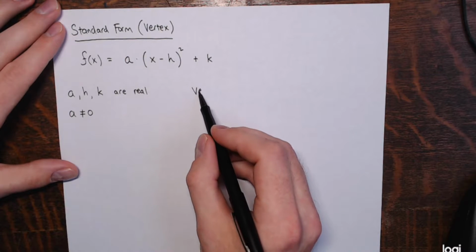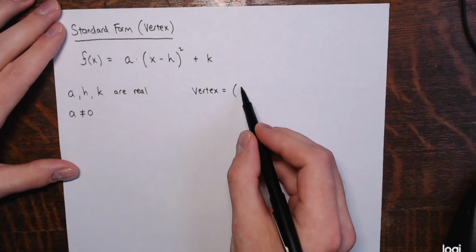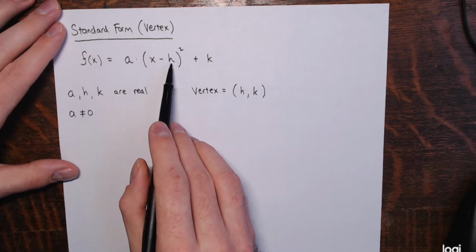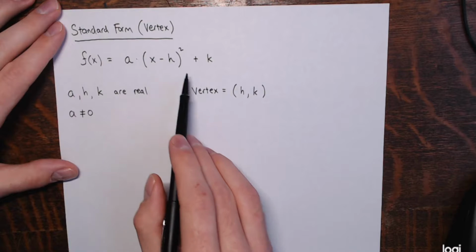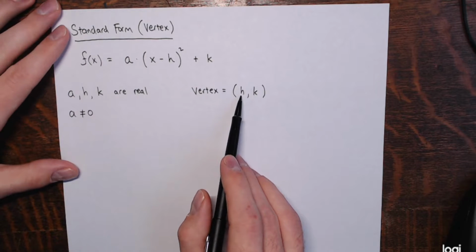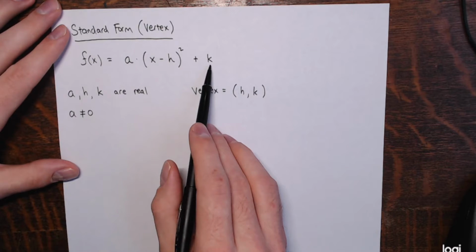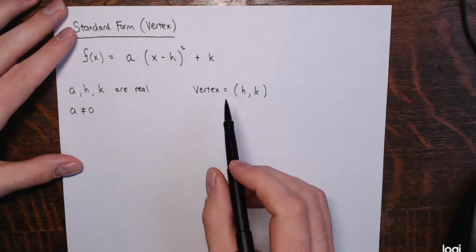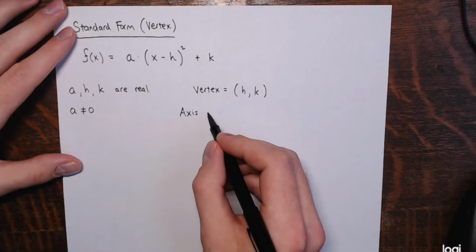The vertex has the coordinates (h, k). So this number being subtracted from x inside the square is going to be the x coordinate of the vertex. And if you plug h in, it makes this term 0. You're left with k as the output, so k is the y coordinate of the vertex. And once you know the vertex, remember there's this axis of symmetry.